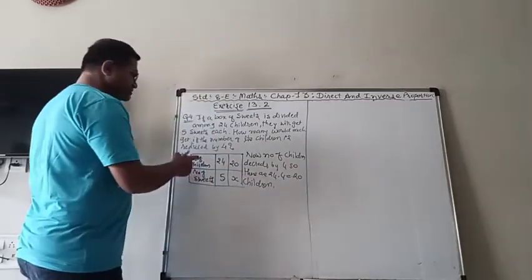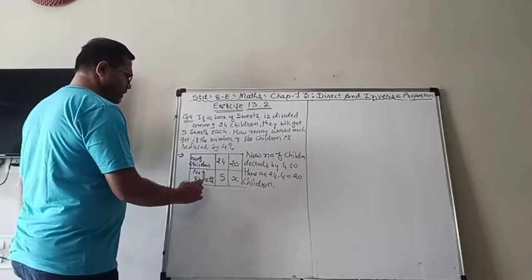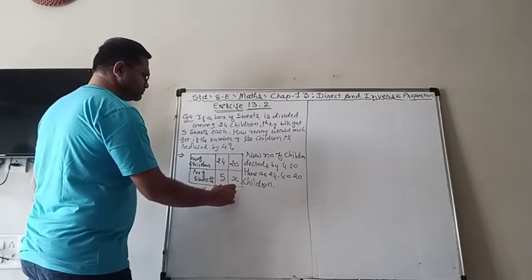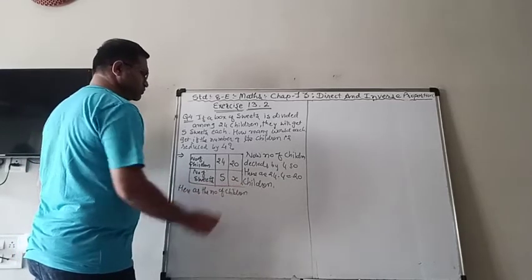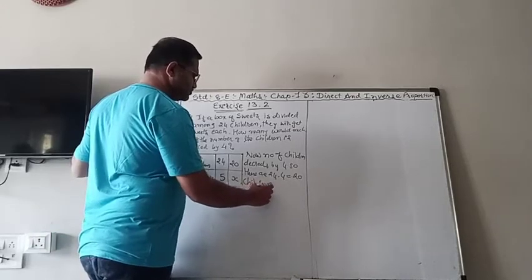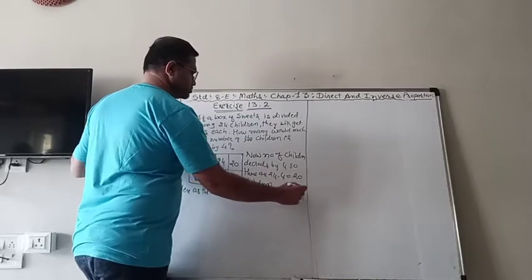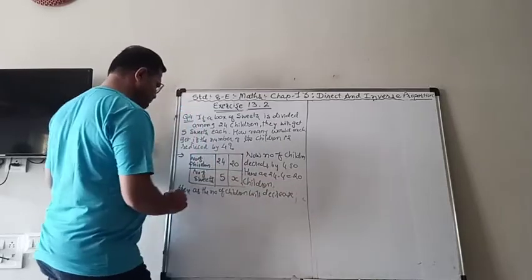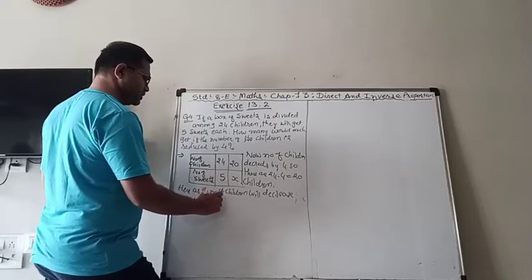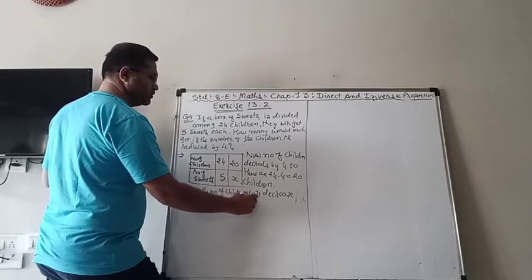Now we can see that here as the number of children will decrease, number of sweets each get will increase.